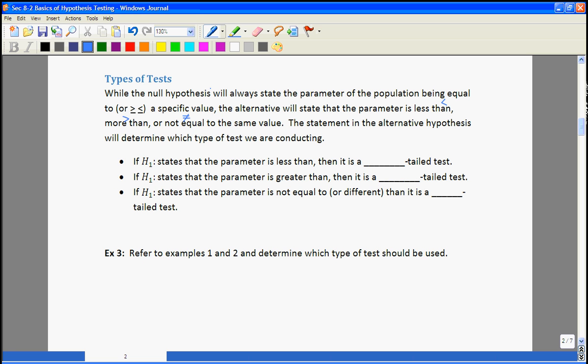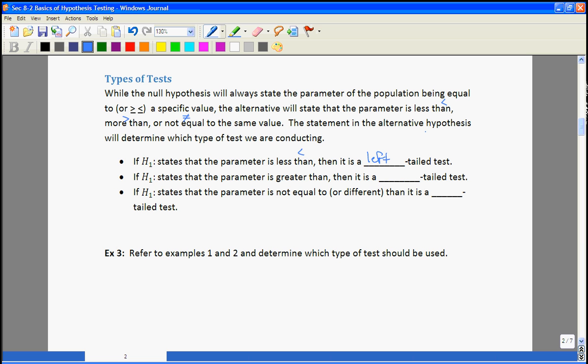Now if H sub 1, remember that's the notation for alternative, if H sub 1 states that the parameter is less than, then it is a left-tailed test. So we're interested in the possibility of values being smaller than the stated value, so that's going to be a left-tailed test.